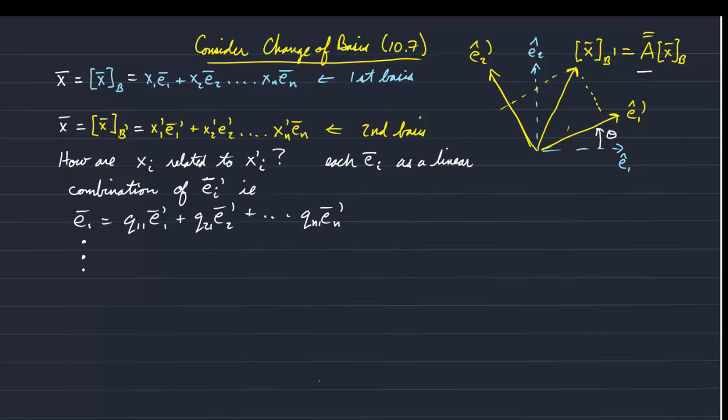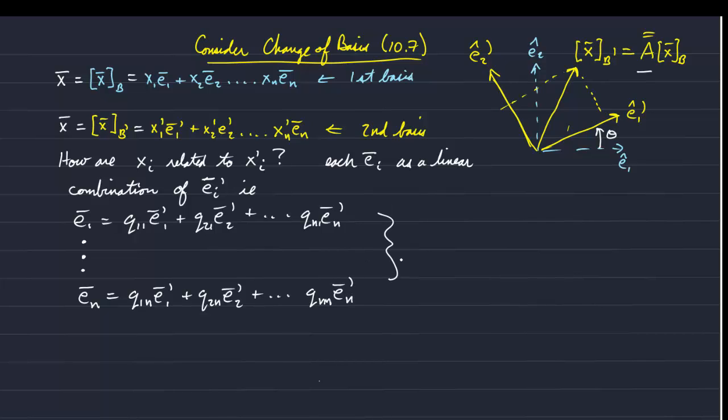And this can be done for e2, all the way out to en, again being a coefficient Q1n this time times e1 prime plus Q2n e2 prime, all the way out to QNN en prime.